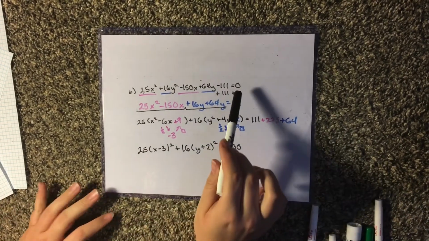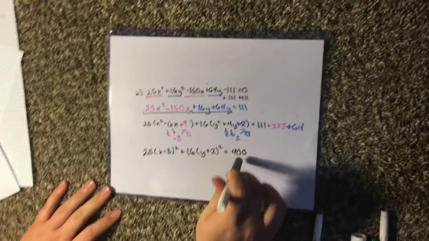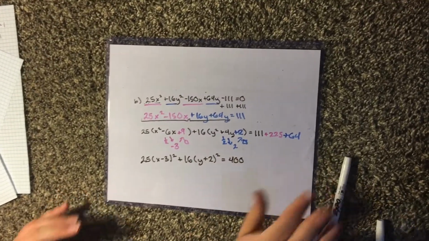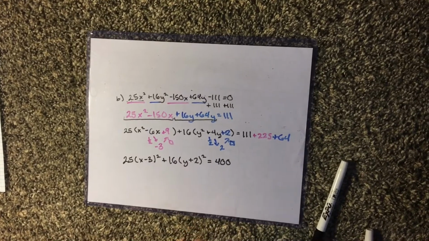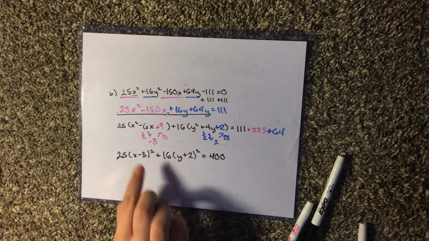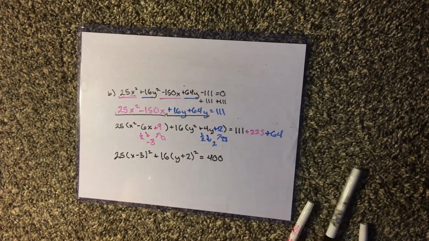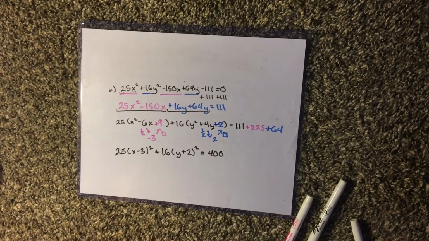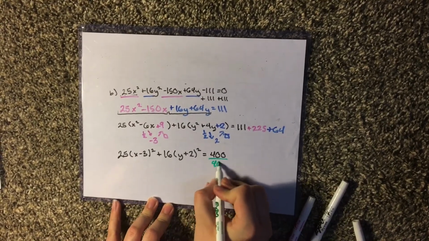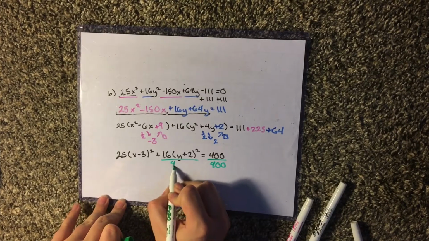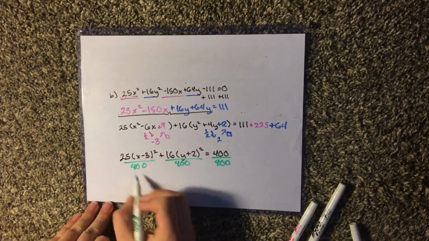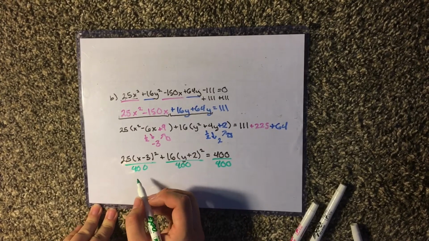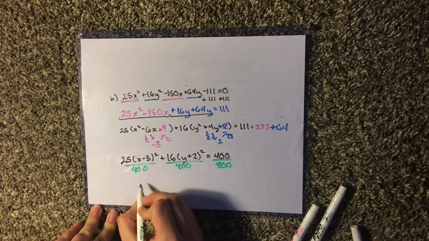Now, since I started out with 0, I need to have 1 on this other side, because in the original form it is 1 on this side and then the squared terms over here. So I need to divide by 400, divide 400, divide 400. And 25 divided by 400 is actually 16.